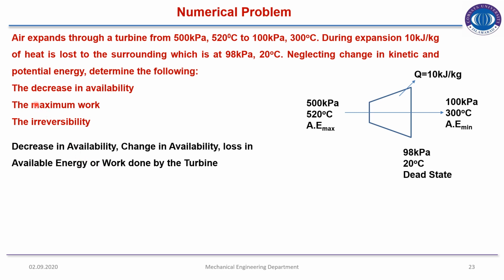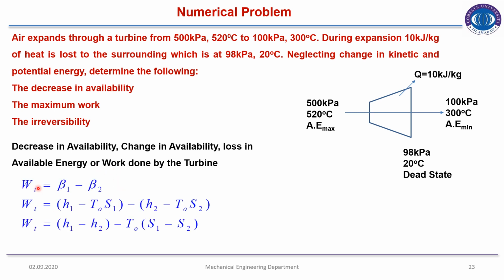So in the question here it is asked to calculate the decrease in availability. It may be mentioned as change in availability, loss in available energy, or work done by turbine. So for all four of these you will do the following calculation.